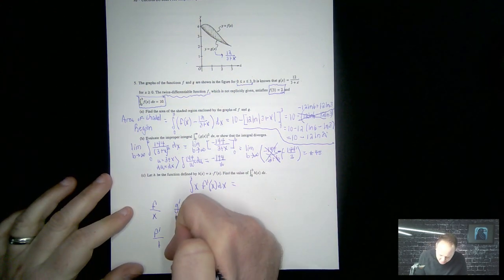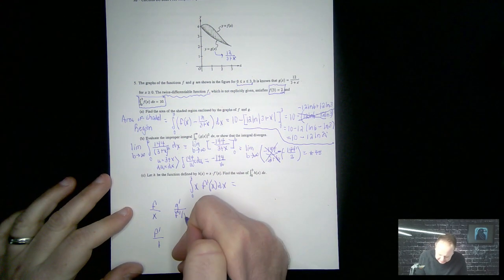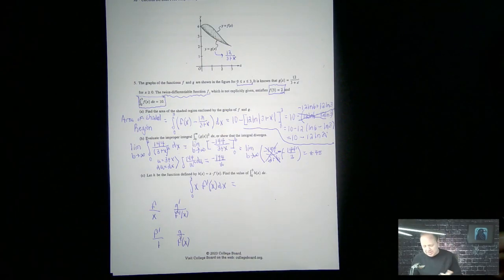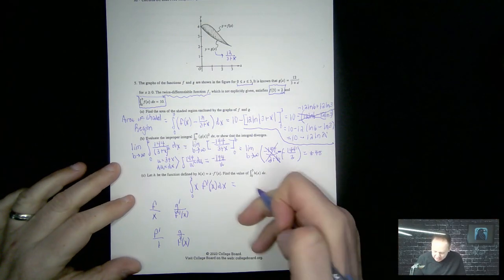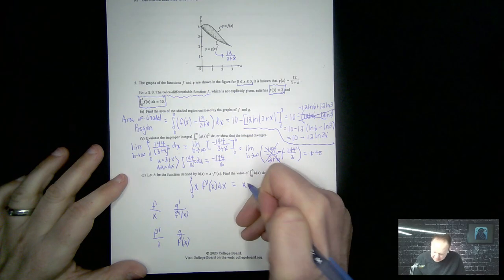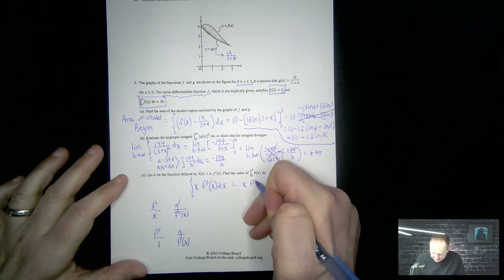My g prime then would be f prime of x, which integrates to g, which is f of x. Some of you might say that's a little confusing, using f in this one. It just depends how you learned it. It's just f times g, which would be x times f of x.